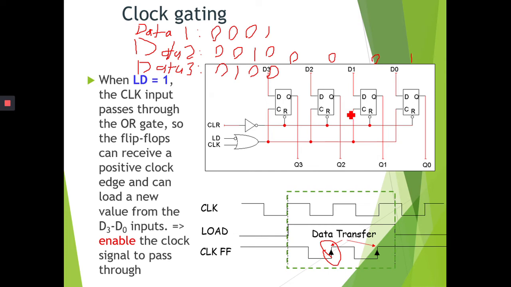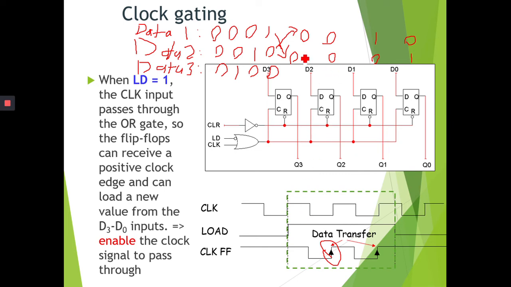This is just an example. We want data 1 for just one clock cycle, and for the next clock cycle we want data 2, which is 0010.